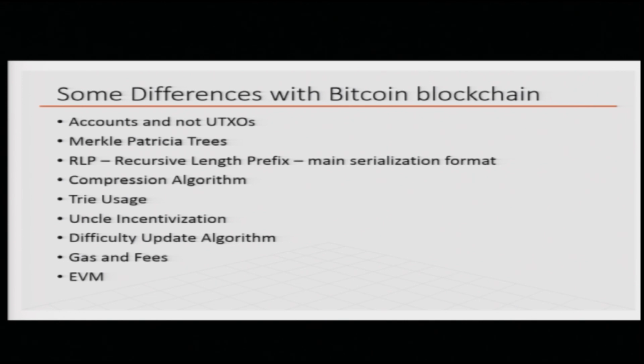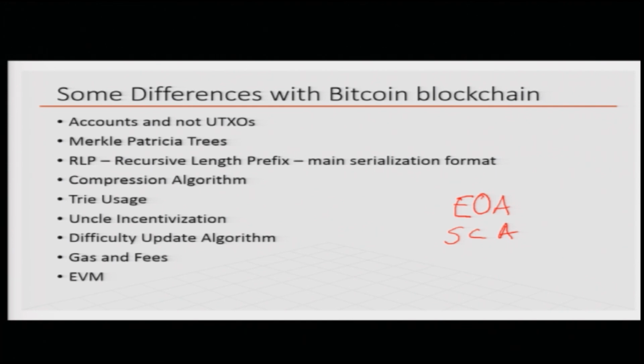In Ethereum, however, we don't keep track of UTXOs. We have the notion of accounts. The accounts are of two types. One is called EOAs, or externally owned accounts, and the other is smart contract accounts. These accounts have their addresses and Ether balances. The balance could be 0, or it could be positive.